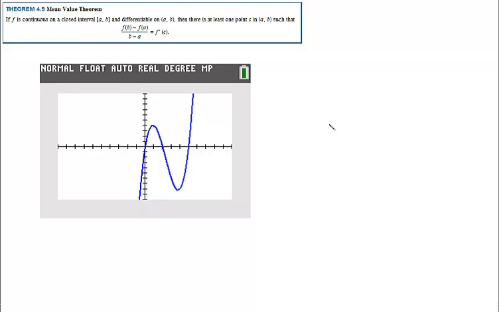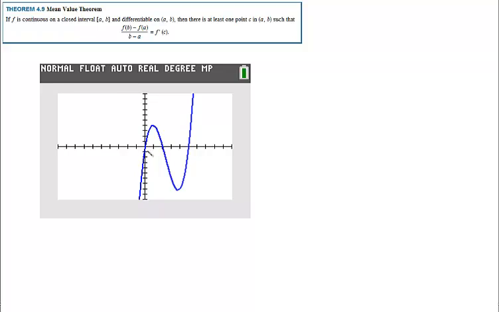Alright, the mean value theorem is used in a number of proofs that we've just kind of bypassed. We believed the theorem and then said we'll look at the proof of it later. For the mean value theorem, I just chose the function we had last time. I have some f continuous on a closed interval.